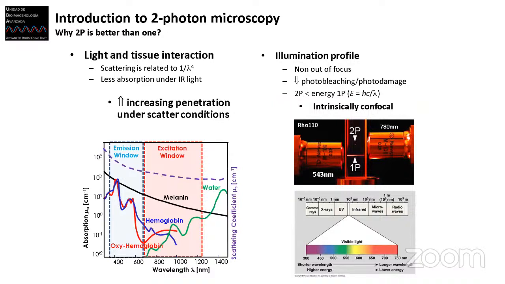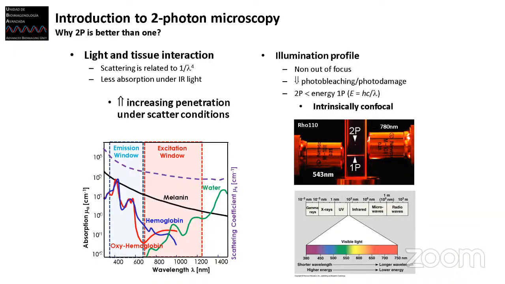Well, scattering depends in a way on the inverse of the power of 4 of the wavelength. So as far as we go, this is a logarithmic scale, and this is scattering. You see that the scattering decays a lot while we go farther in the excitation wavelength.